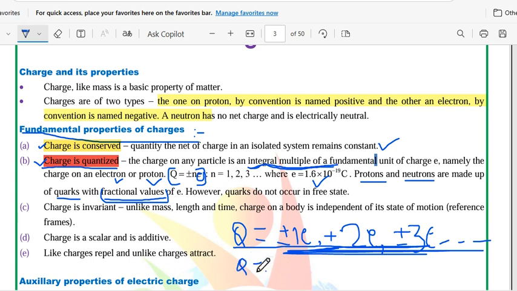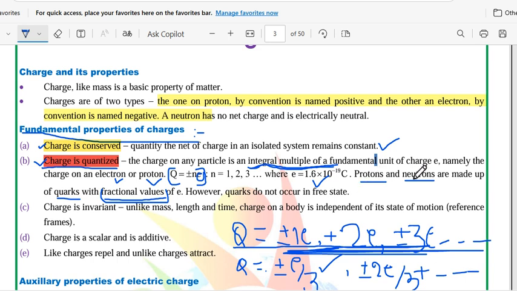Here the fractional values of Q for a quark may be plus or minus e by 3, and plus or minus 2e by 3. These are called fractional values, and so on.